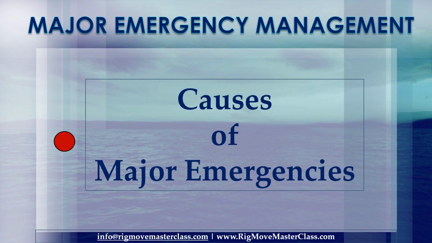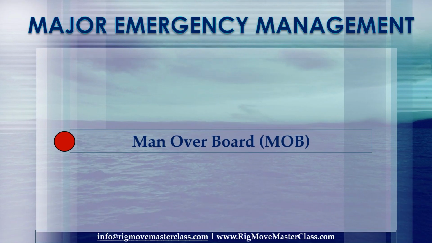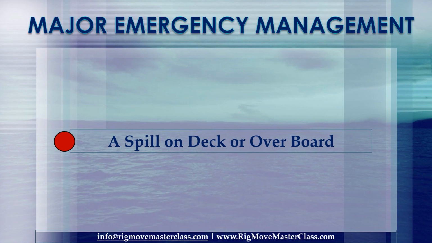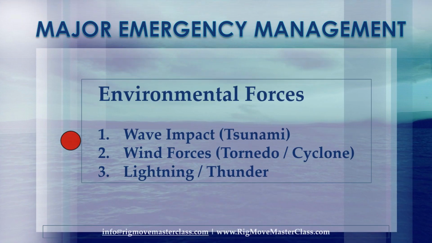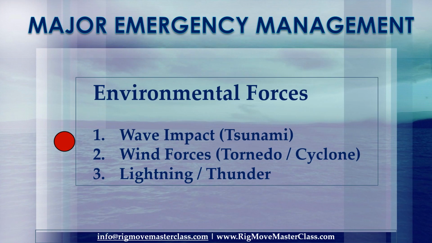The causes of major emergencies can be: Man overboard, MOB. A spill on deck or overboard. Environmental forces. 1. Wave impact, tsunami. 2. Wind forces, tornadoes or cyclones. 3. Lightning or thunder.